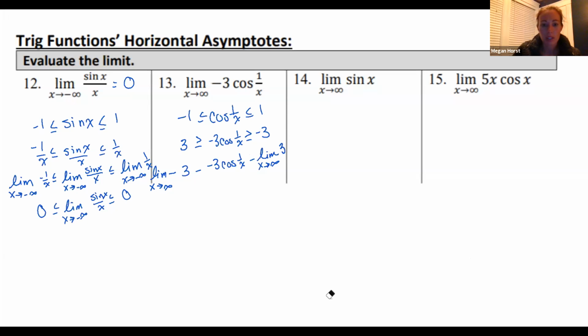It's the little things you notice. All right. There we go. So now we're sandwiched between these. As x goes to infinity, this is going to remain -3. This is also going, no, that's not going to work. Let's do this.